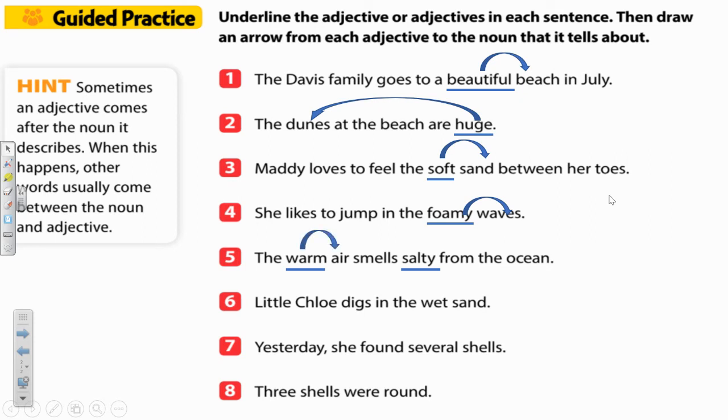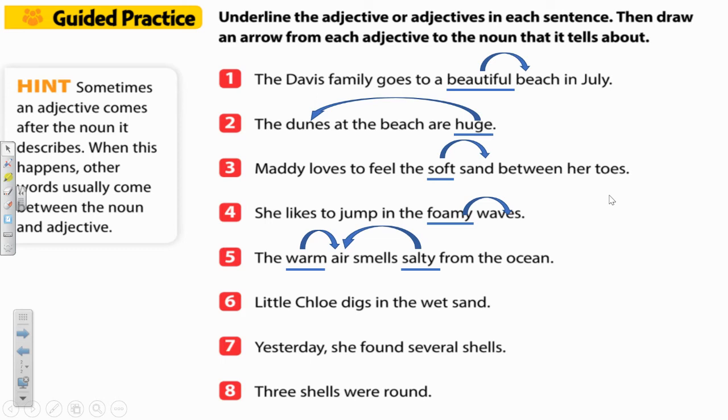And now we have to think, what's salty? This one's a tricky one. You might think the ocean is salty, but read that sentence again. The warm air smells salty from the ocean. So actually, the writer of this sentence is describing the air as salty, what it smells like.